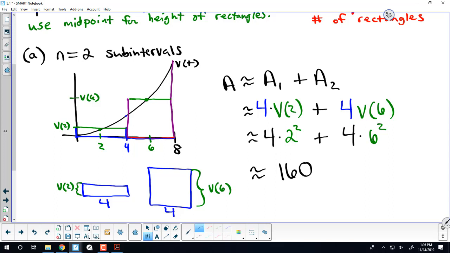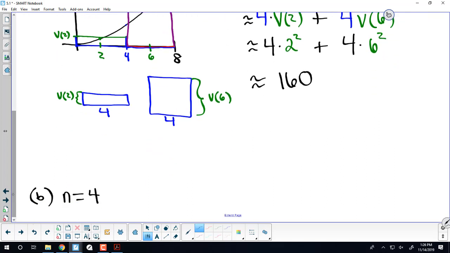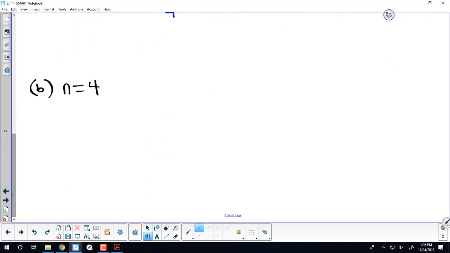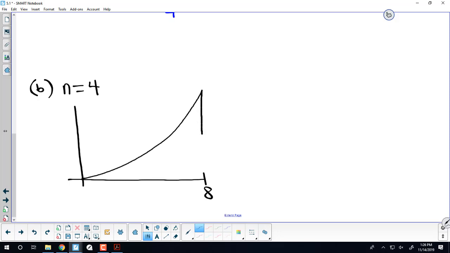Does anyone have any questions on that? Okay, same situation using 4 rectangles instead of 2. We're going to split the interval 0 to 8 into 4 equal pieces.